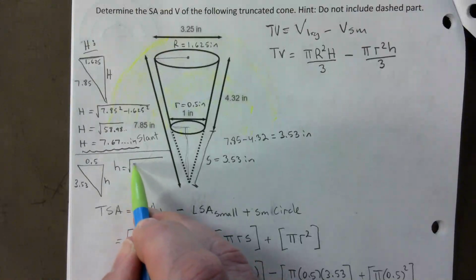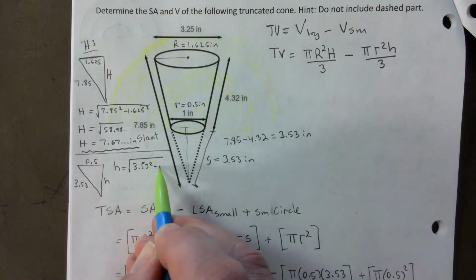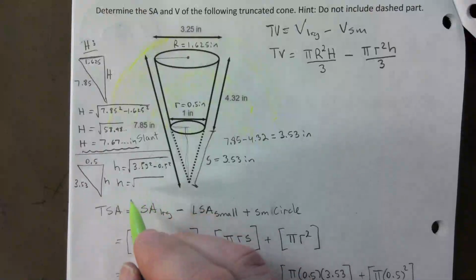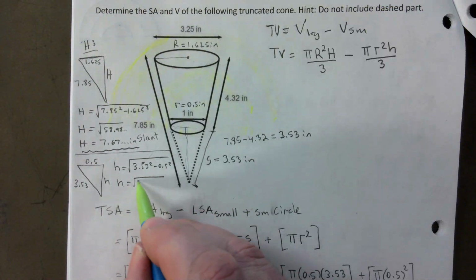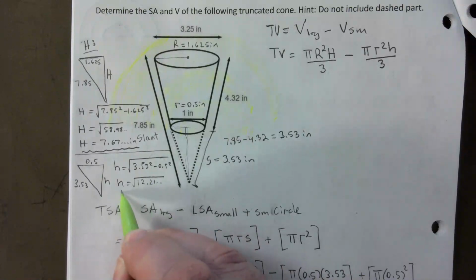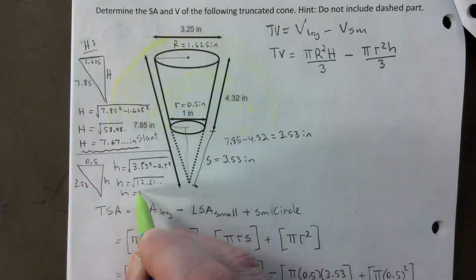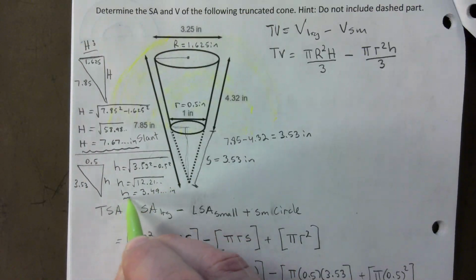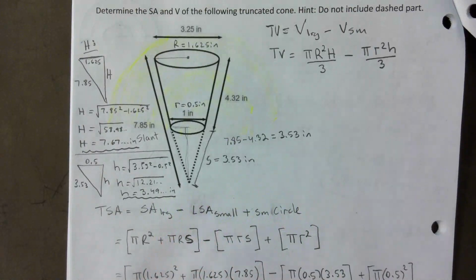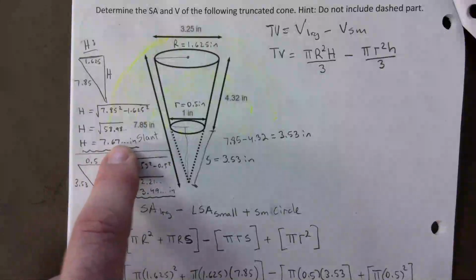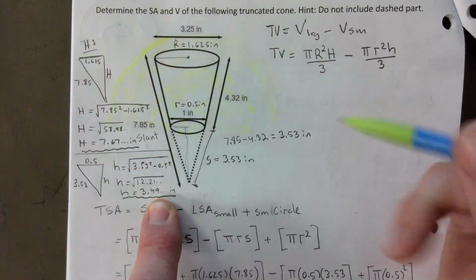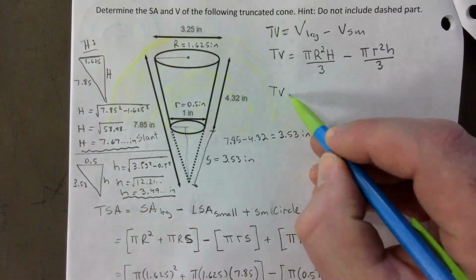Lowercase h is simply hypotenuse squared minus the leg squared. That is root of 12.21 something. H is 7.67. No, 3.49 as I was saying. Inches. Also important. I will give that a highlight in a bit. I'll give that a color, give this a color, and then slap it into this here. Okay, we're finished stretch here.